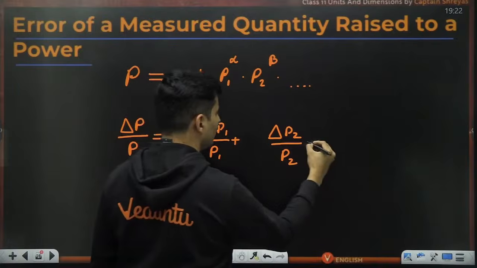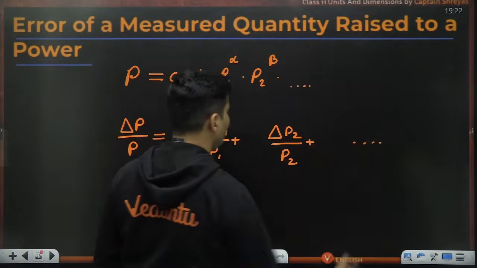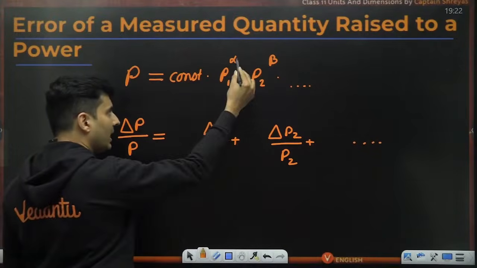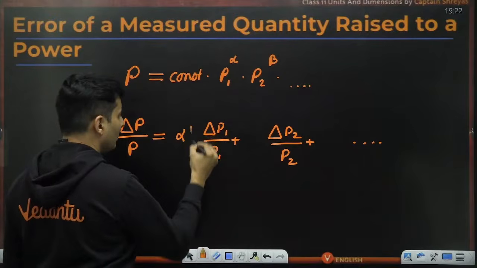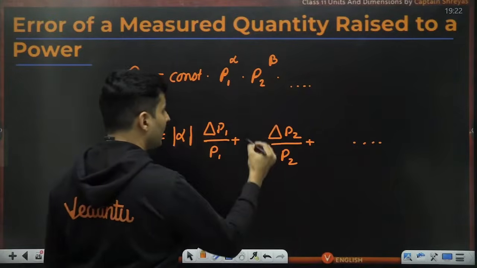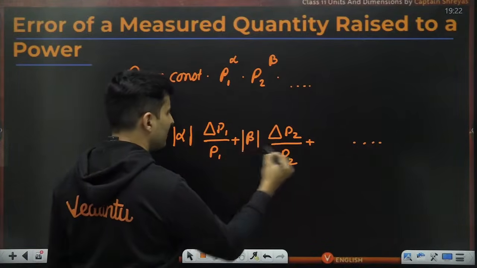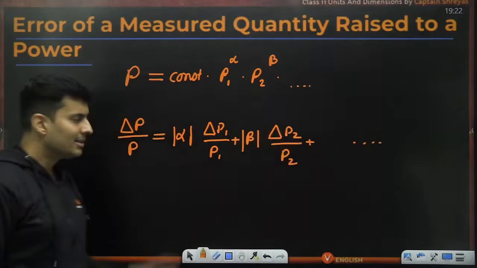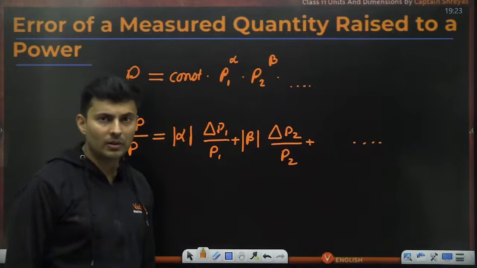You need to keep adding it. But take the power, put it over here with the mod symbol, and keep on doing that. That is what the final answer will look like.